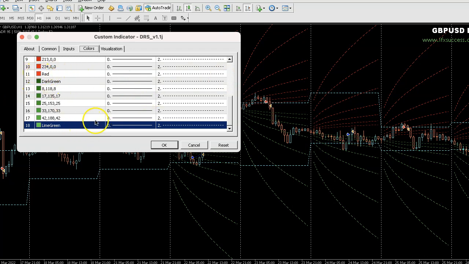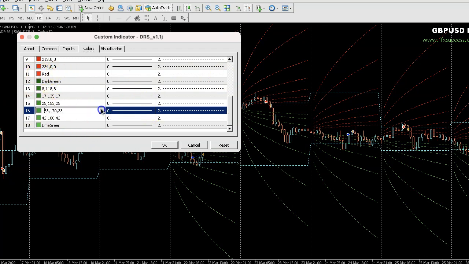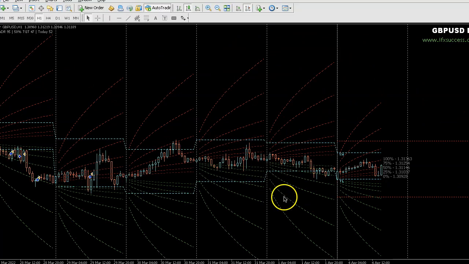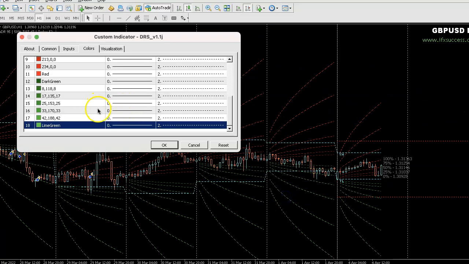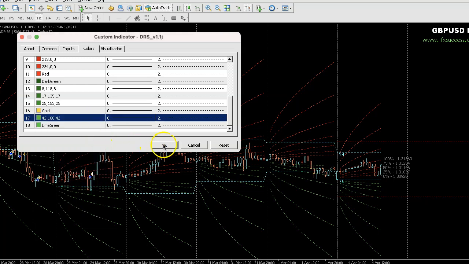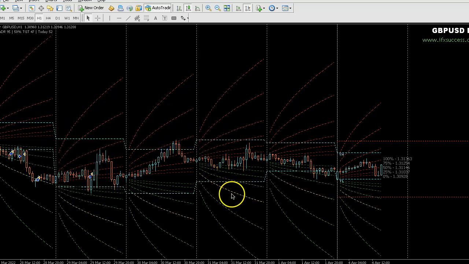So if I change right here 16 to yellow, I didn't change it. Okay, right here.